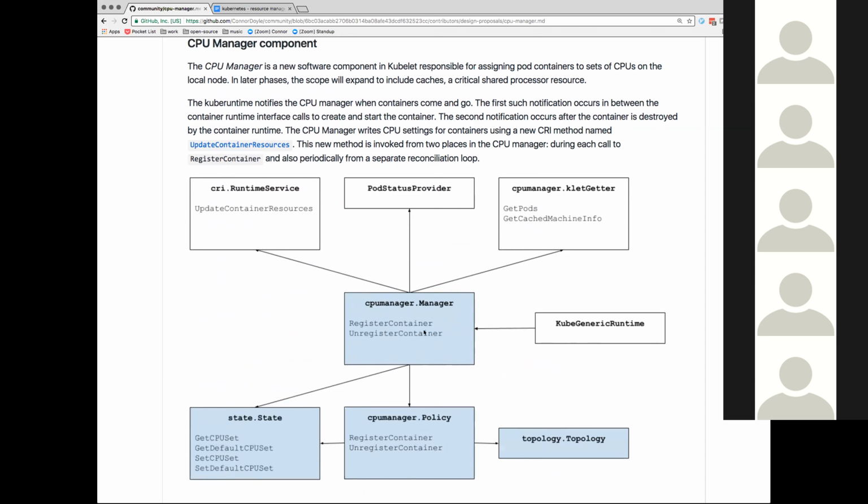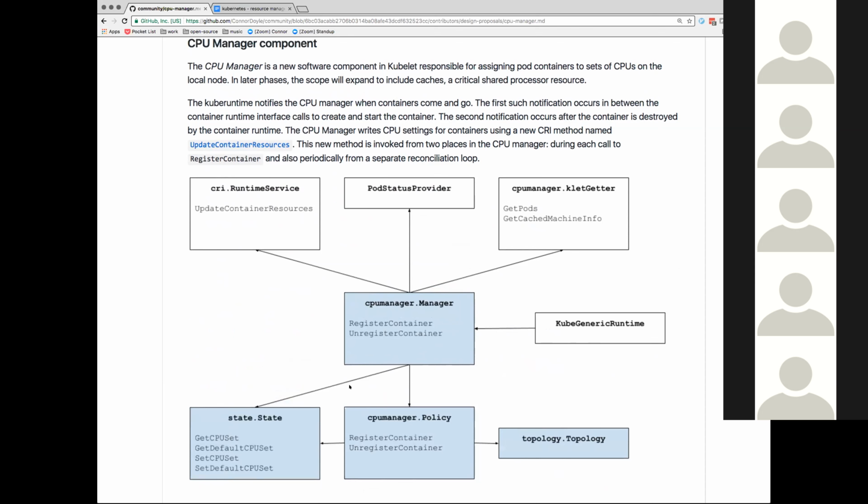And so the main flow here is that when a container is created, the kube runtime calls into the CPU manager and says register. And as part of that registration, the manager delegates to CPU manager policy. That's the pluggable piece that we'll talk about later. We have multiple policy implementations. And inside register, what you do as a policy implementer is to update CPU set mappings in a state abstraction.